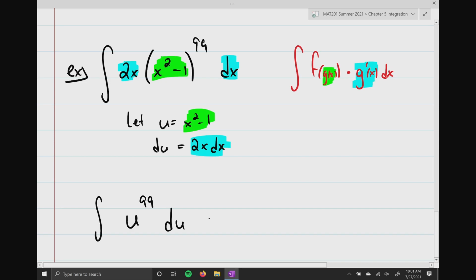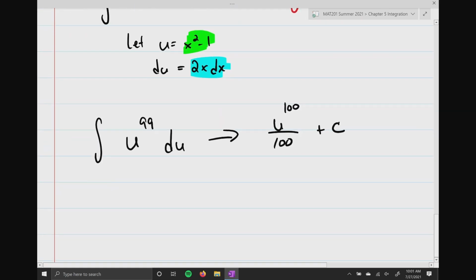So now when I integrate this, I can use the power rule. I'm going to get u to the 100th power divided by 100 plus an arbitrary constant. And then I'm going to make my last substitution. u equaled x squared minus 1, so we get x squared minus 1 to the 100th power all over 100 plus c.